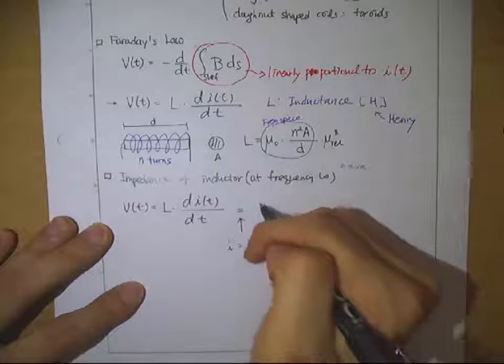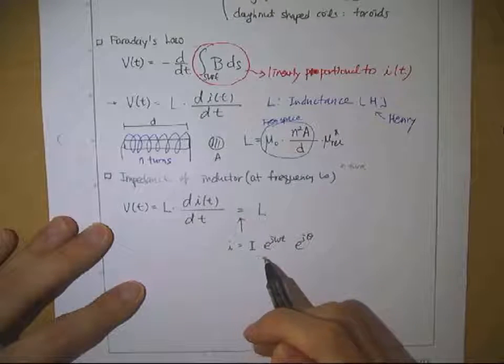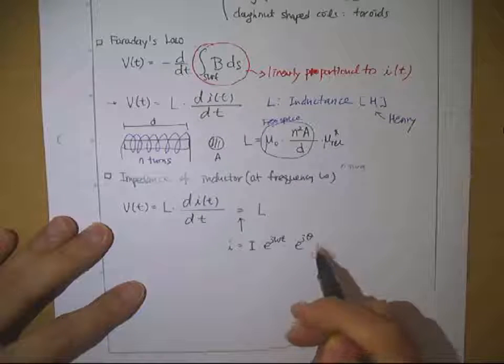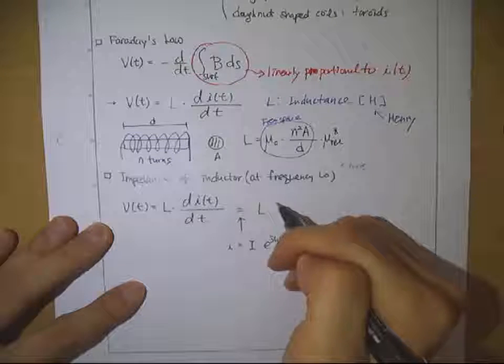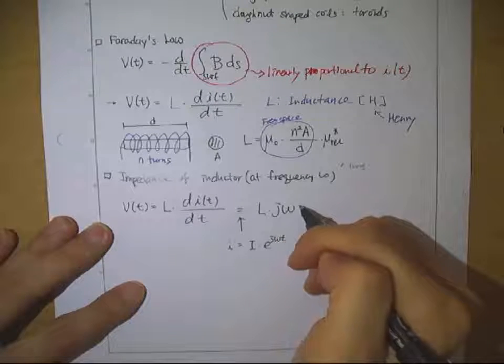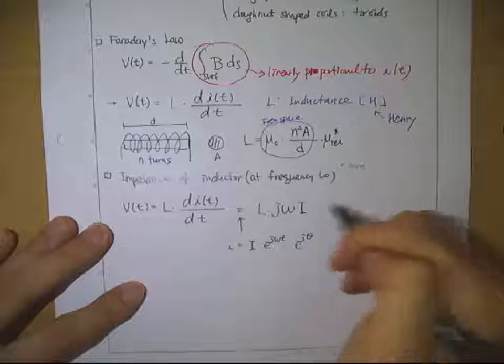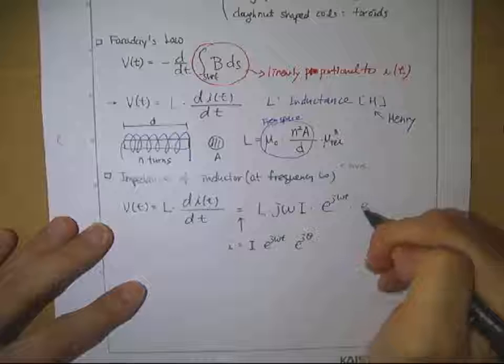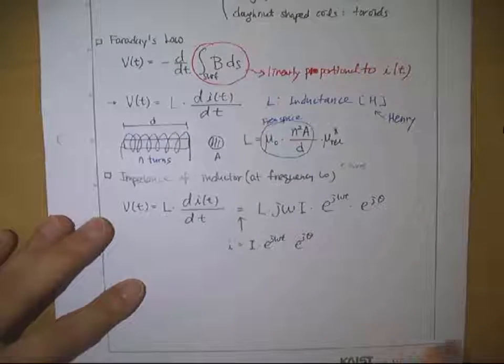Then L times, if we differentiate the current with respect to time, j omega and the rest of it.